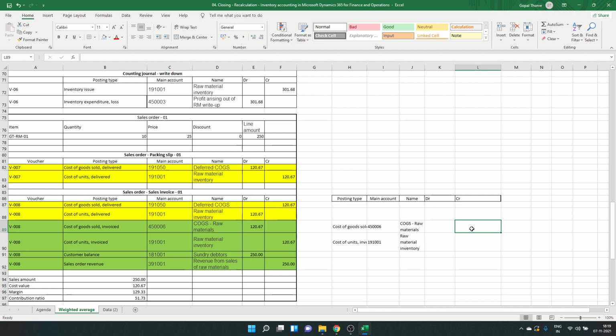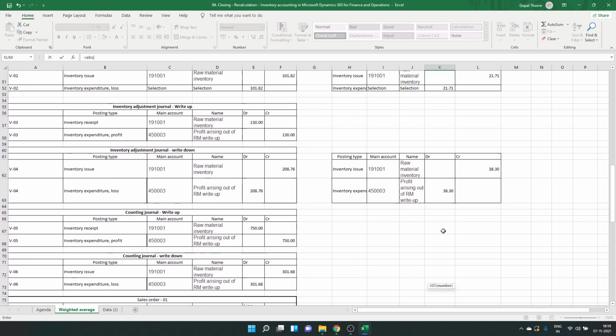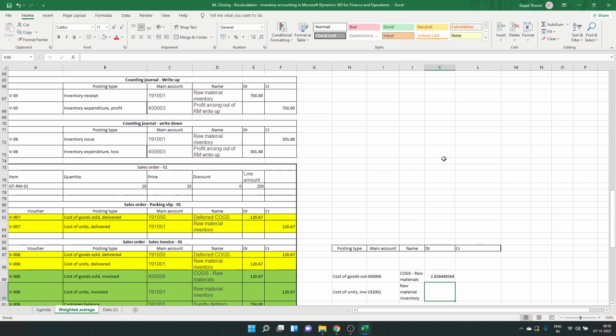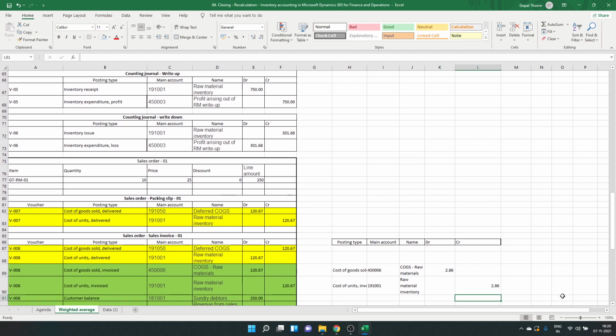Now the cost of goods sold will be debited by that much amount, and the inventory will be credited by this.